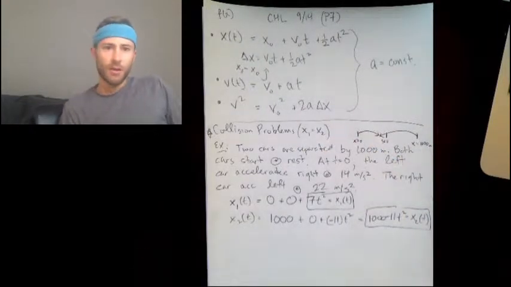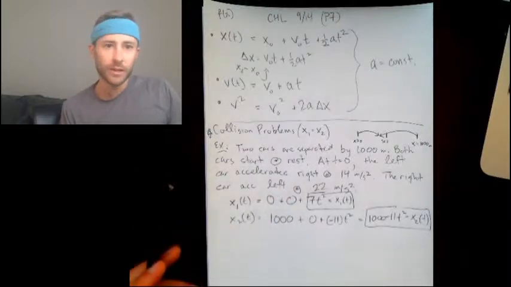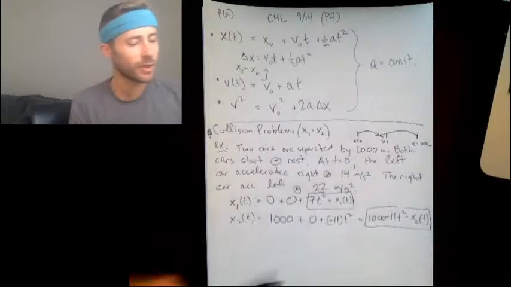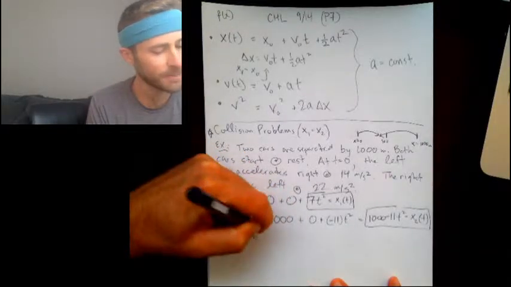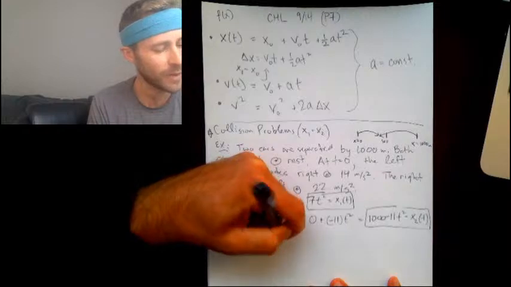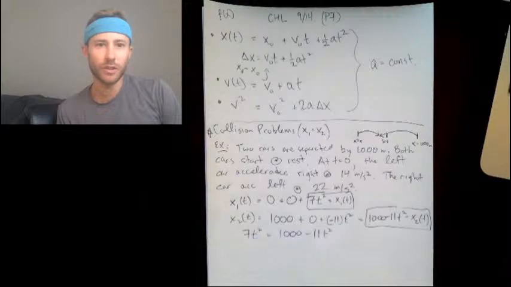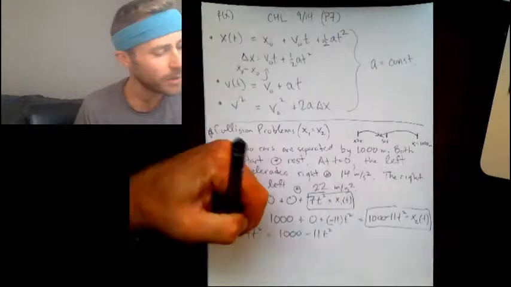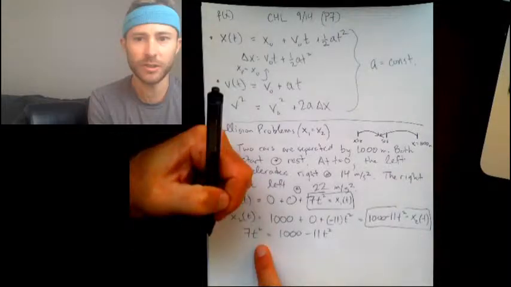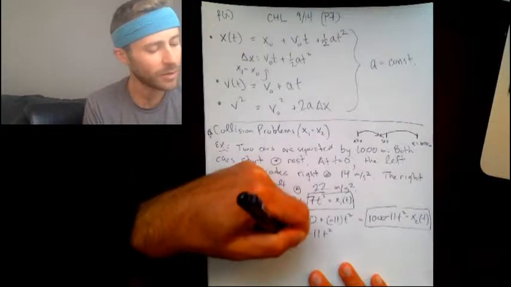So to figure out where they collide, we first would figure out when they collide. So we'll set x1 equal to x2. So we have 7 t squared equals 1,000 minus 11 t squared. So this equation expresses the collision, okay? And so I'll add the 11t squared over. I get 18t squared equals 1,000.